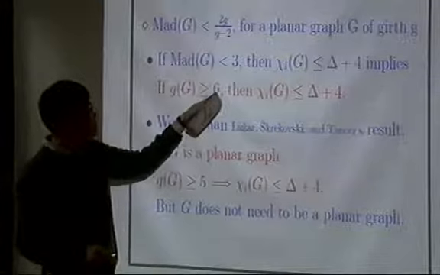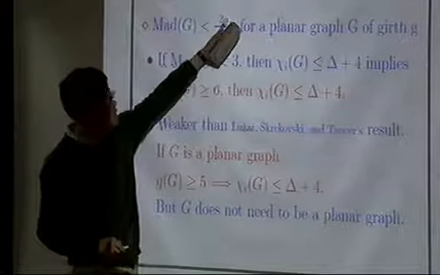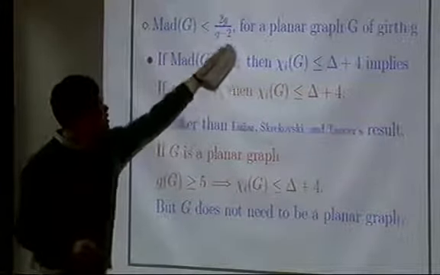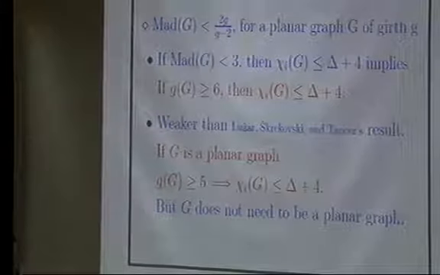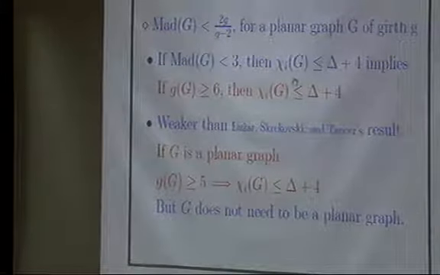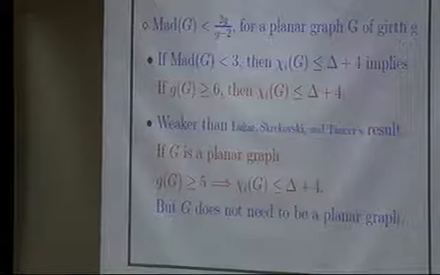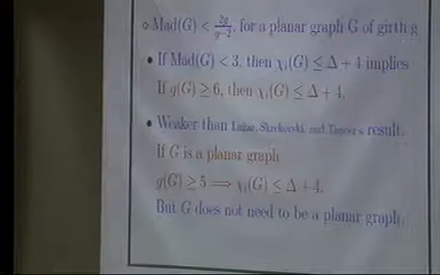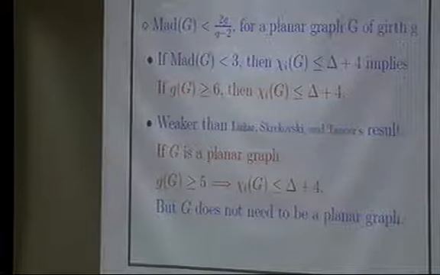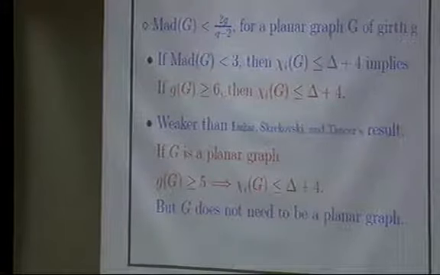That is 6. So if you plug in 6 here, then you get 3. Even if you are not familiar with the maximum average degree, it's a very important parameter.